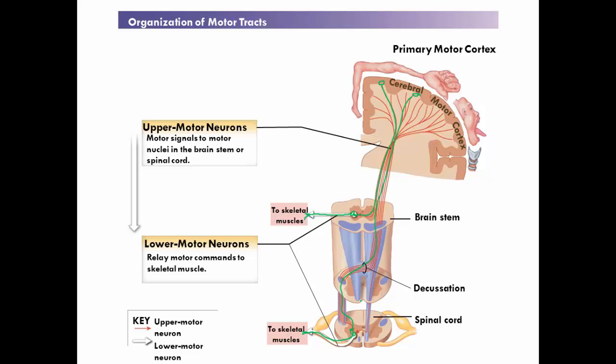And just like in our sensory tracts, most of our upper motor neurons will have axons that decussate as they approach the lower motor neurons that they are signaling. So just like in our sensory tracts, most of the axons in these pathways, but not all, will decussate. They will swap sides, and we'll have decussation of the axons of our upper motor neurons.